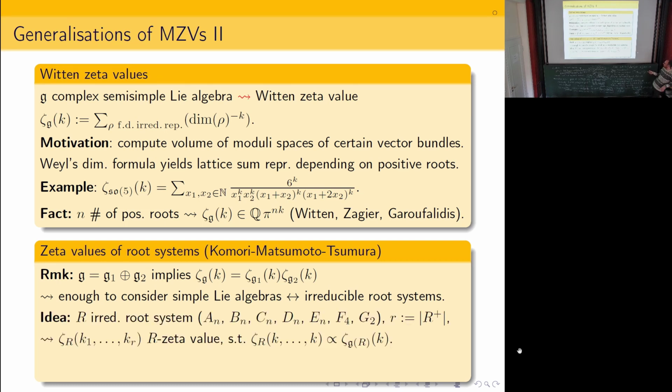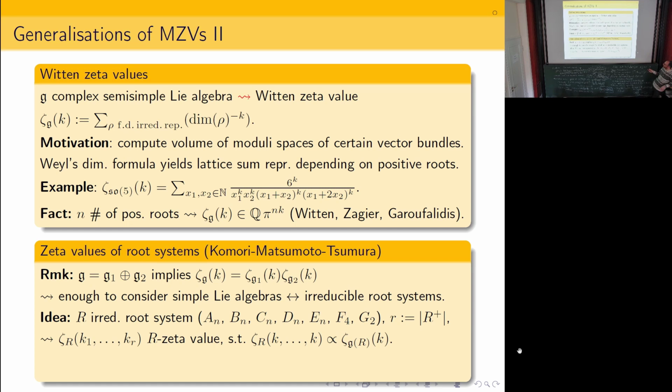So you write down your favorite irreducible root system. R is going to be equal to the cardinality, the number of positive roots. And you call it the R zeta value, or zeta value of the root system R, something which I'm not going to define, but it's going to be defined in the way you would think.